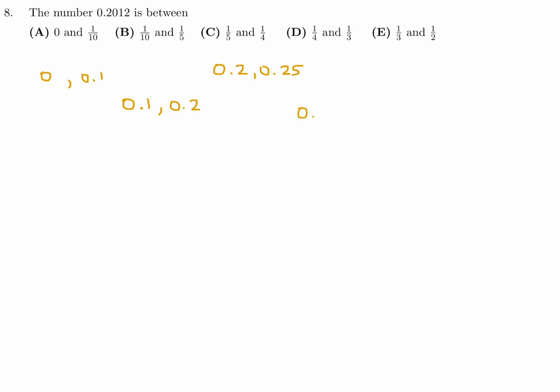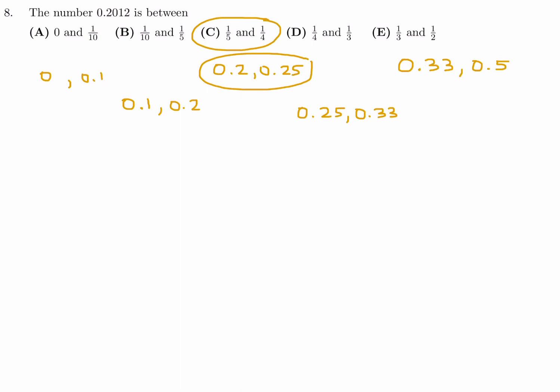And this one again is 0.25 and 0.33 approximately. And finally, this is 0.33 and 0.5. So they're saying this number here, 0.2012, which range is it in? And it's this range right here. And that would be choice C for number 8.